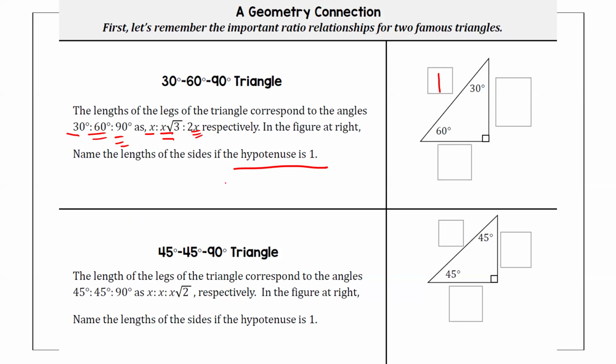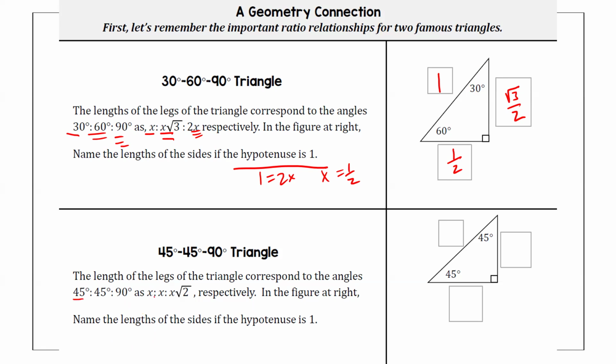Because our hypotenuse is 1, we know that 1 equals 2x, so x has to equal 1/2. Since x equals 1/2, across from our 30 is going to be 1/2. Across from our 60 is going to be 1/2 times the square root of 3, which is the square root of 3 over 2. All right, now we're going to do 45, 45, 90.